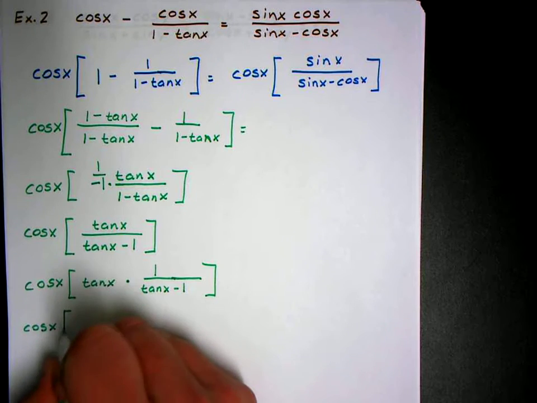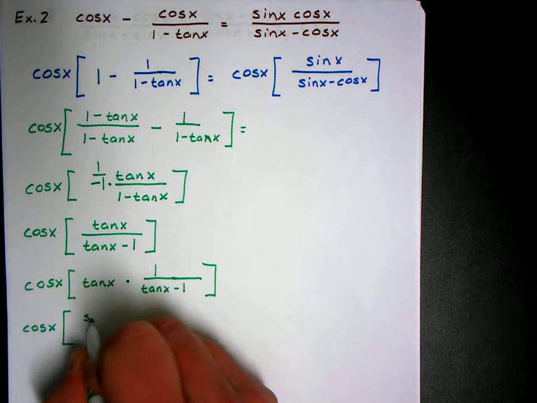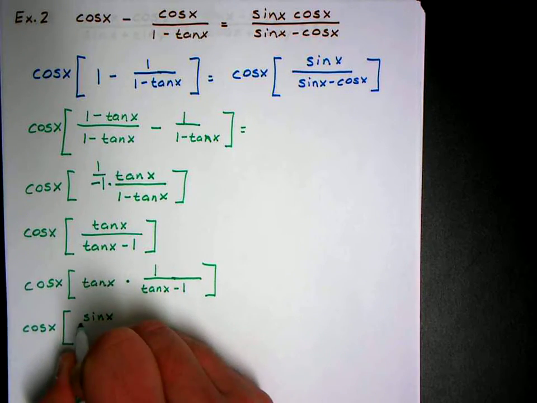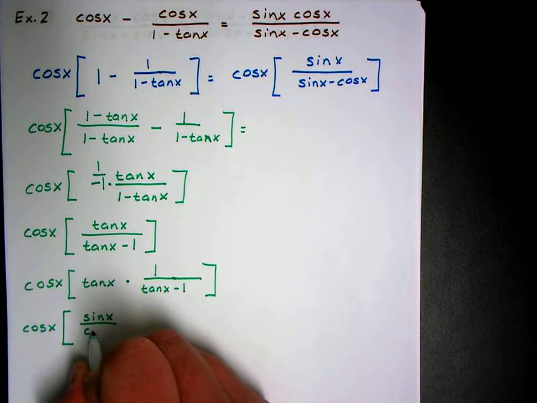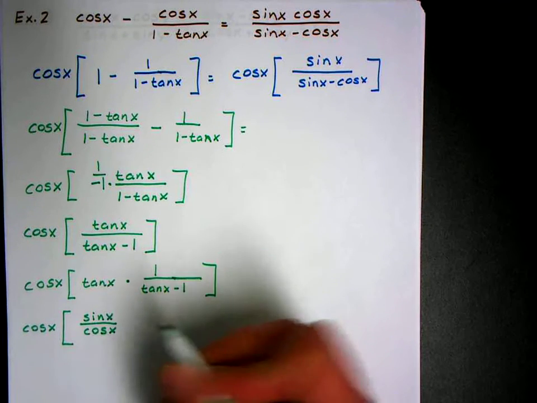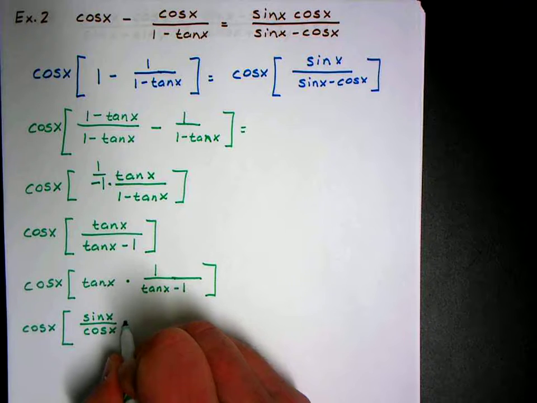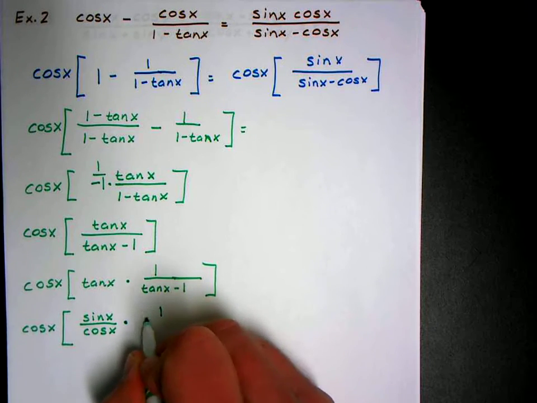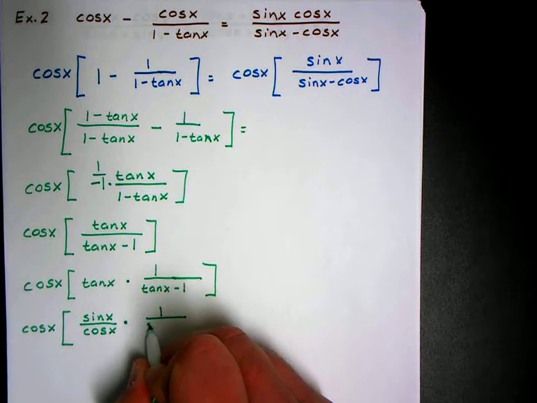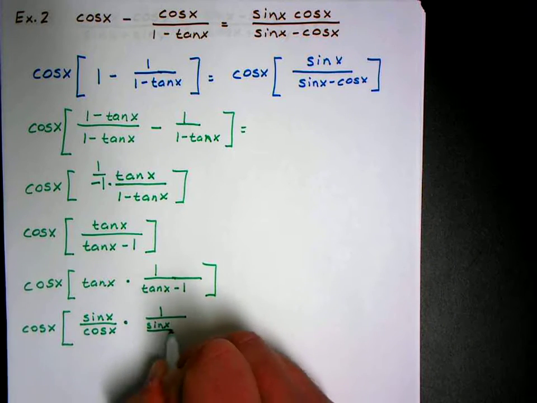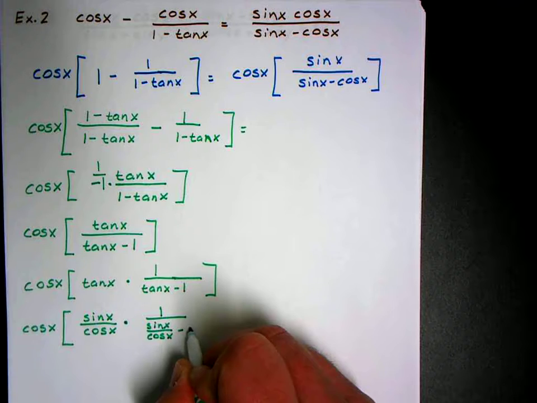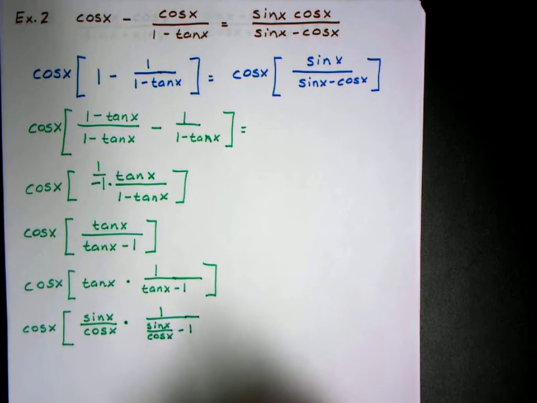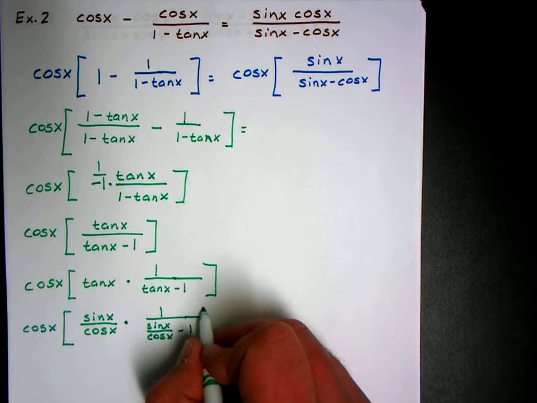Just stick with me. I'll show you why here in just a second. Maybe, because this may not even work. Okay, that doesn't look like that's doing me any good, does it?